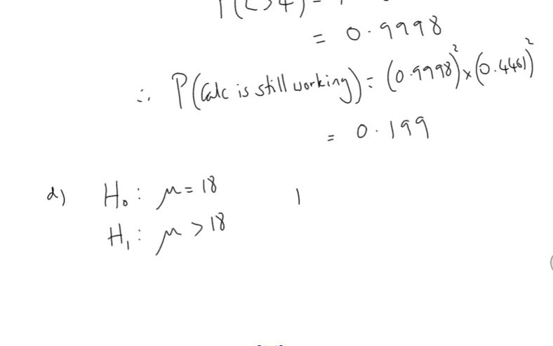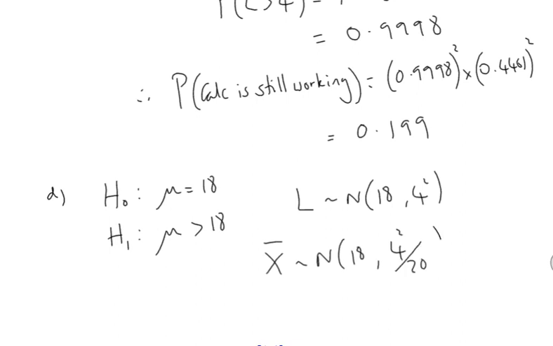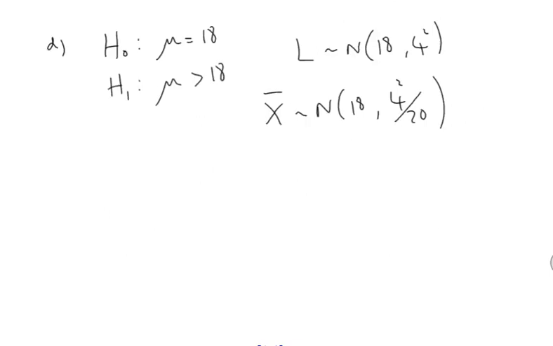Now, the original distribution had L as a normal distribution of 18, 4 squared, but this is now a sample, so our sample mean has a distribution of 18 and 4 squared over 20, which is our sample size. So we've got a sample distribution of 4 squared over 20, and it's that we use in our calculation.